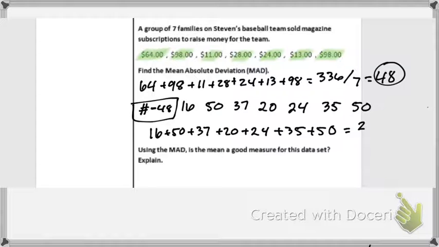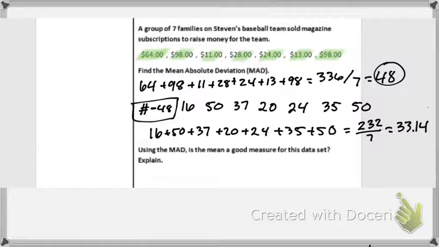That equals 232. We're going to divide by 7. We get 33.14. Okay, let's just do 2 decimals. Using the MAD, is the mean a good measure for this data set?